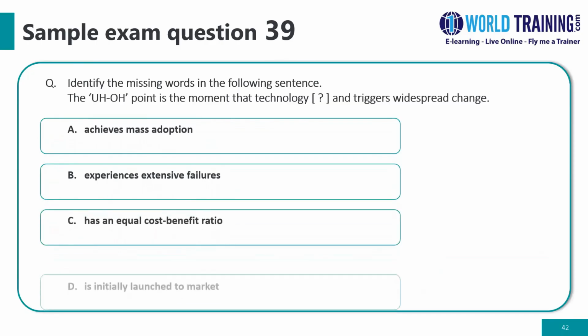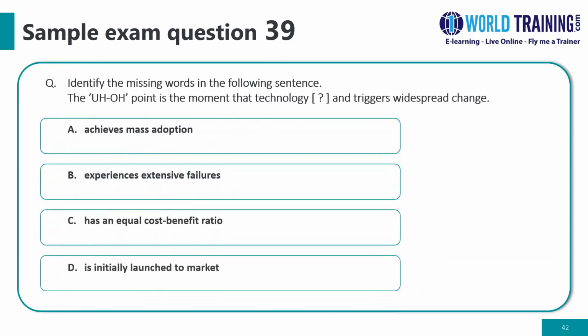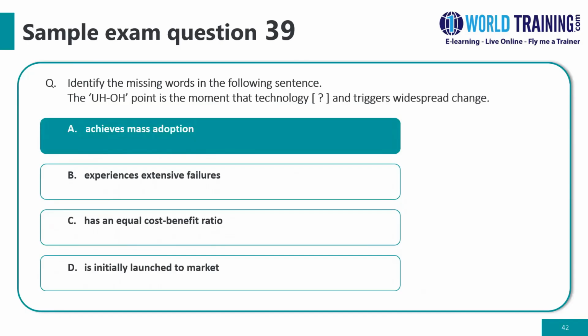Number 39, identify the missing words in the following sentence. The AI moment is a moment that technology dash and triggers widespread change. So this is a moment where technology achieves mass adoption. So A is the right answer.